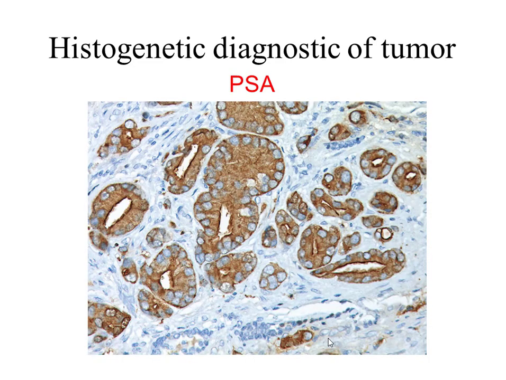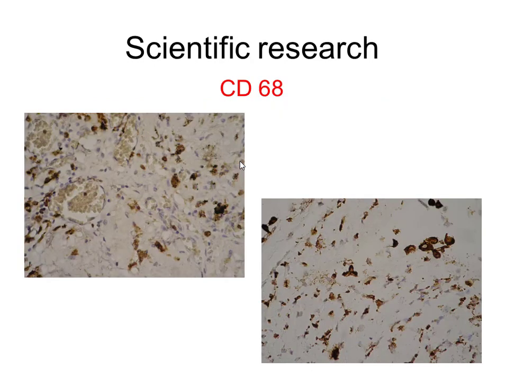For histogenic diagnosis of tumor, I show you here staining with the prostate-specific antigen, a brownish color product of reaction. It's a specific antigen which is present only in the prostate cells.